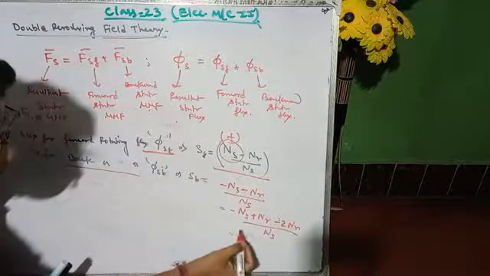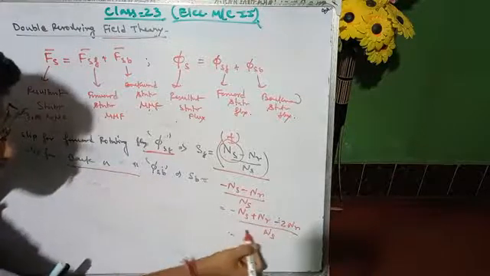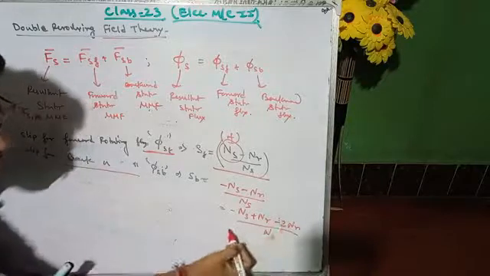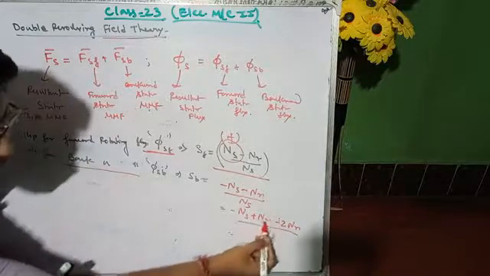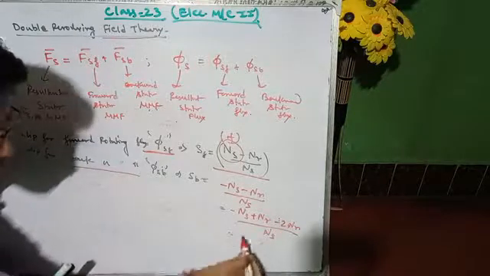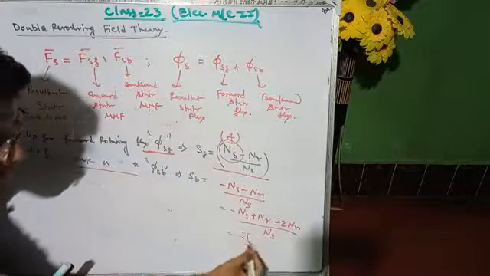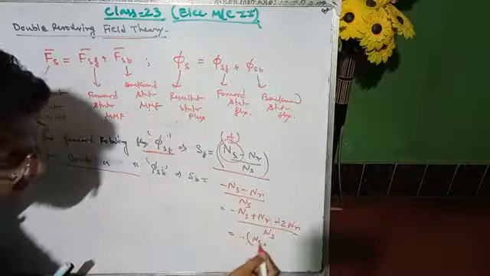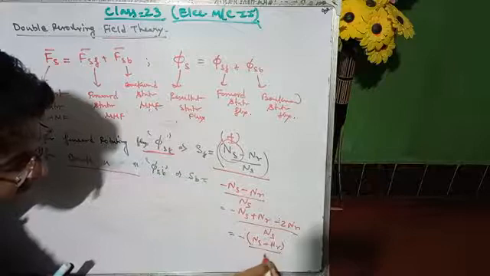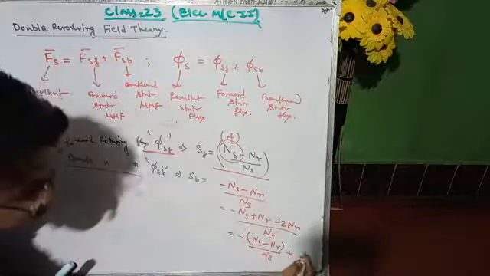So by taking this relation, can we modify it this way? That is ns plus nr minus 2nr, right? Then taking negative as common, ns minus nr divided by ns, it will be plus.